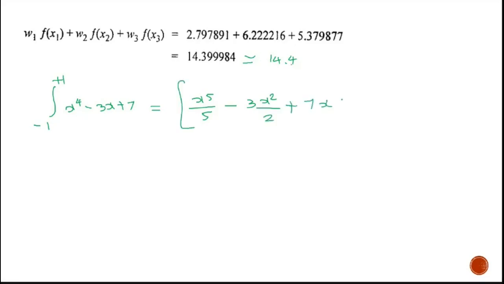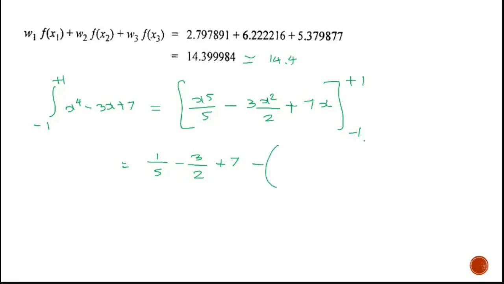So when you substitute from minus 1 to plus 1, we apply the upper limit. So when I apply the upper limit, it is 1 by 5 minus 3 by 2 plus 7, minus, now the lower limit, I am applying the lower limit, I put the minus.